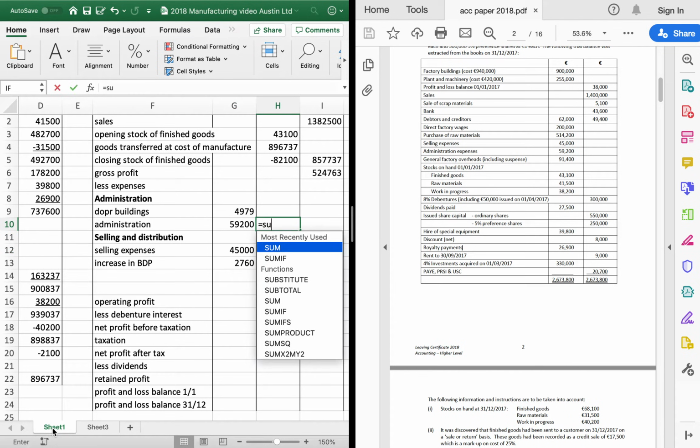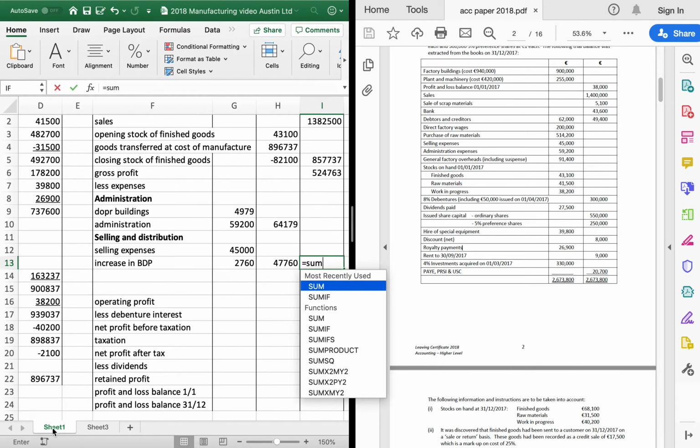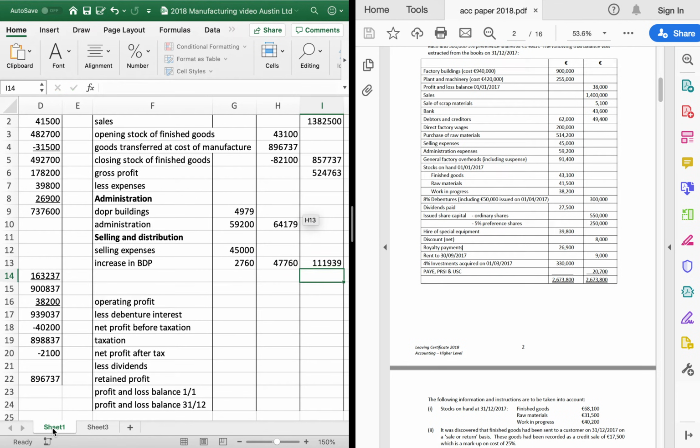Okay, so that I think is them all. So we'll add those together. And you get 412,824.